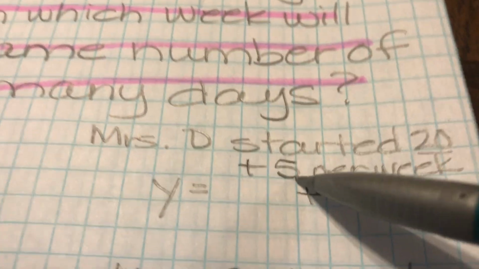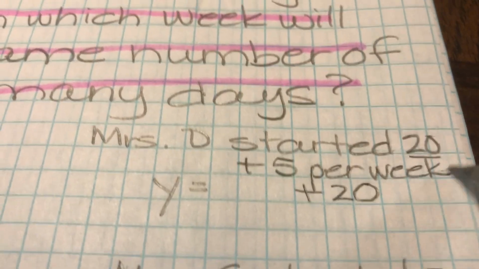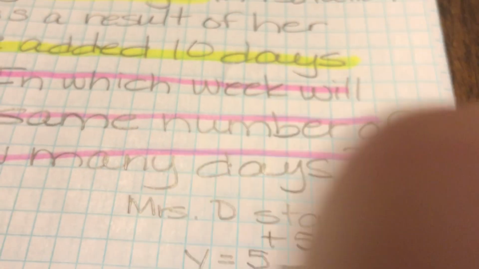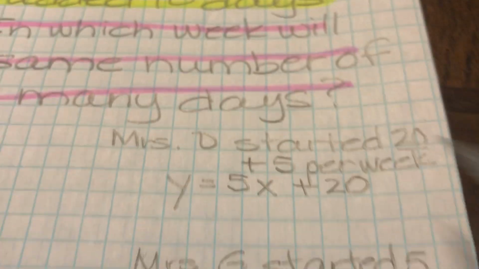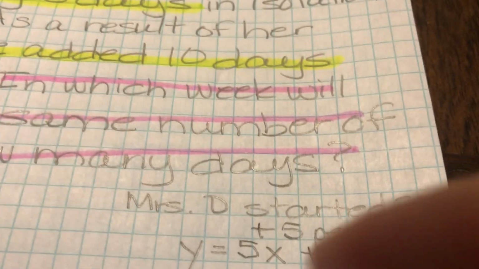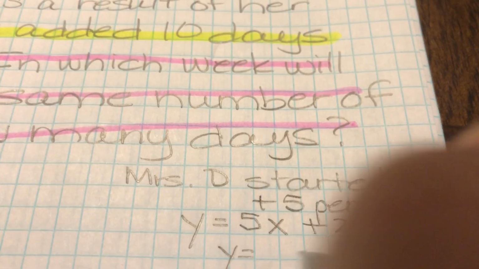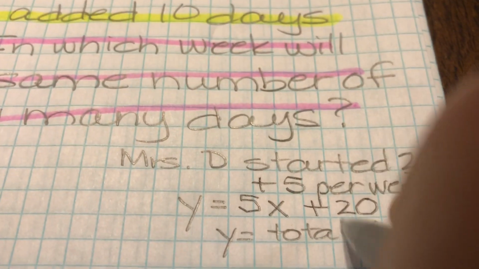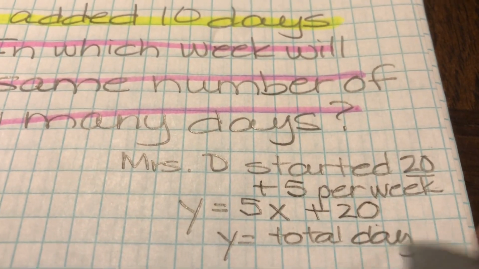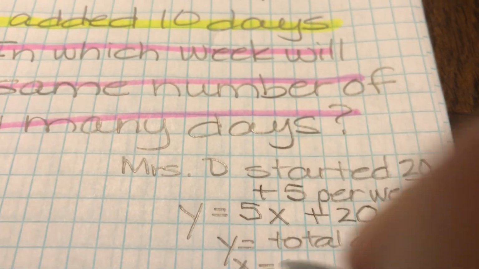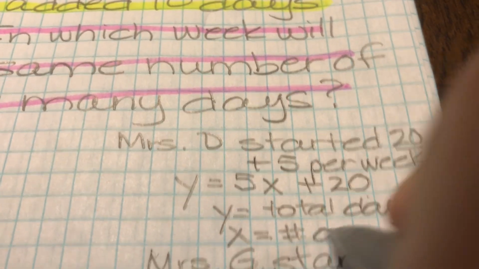And then it goes up 5 per week. Well, that's going to be my x because it goes 5 up per week plus the 20 you start with. So y is going to be my total days. And x is going to be my number of the weeks.